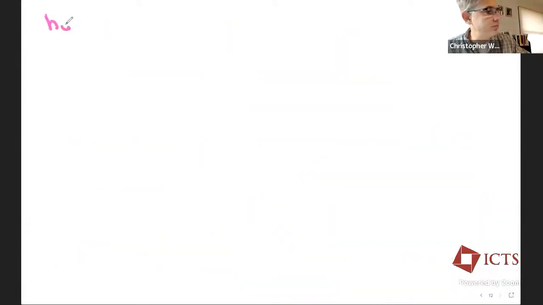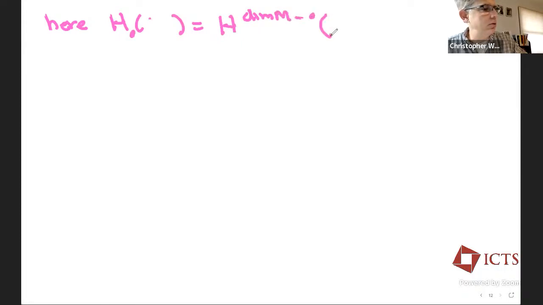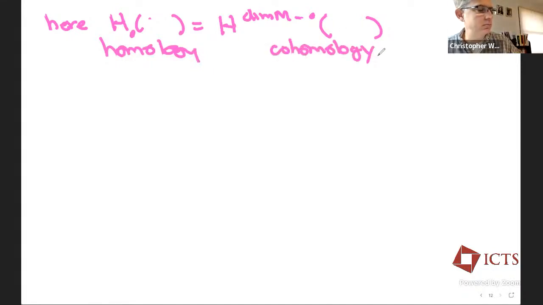Each of these, think of cohomology or homology. So this generalizes to something more general.